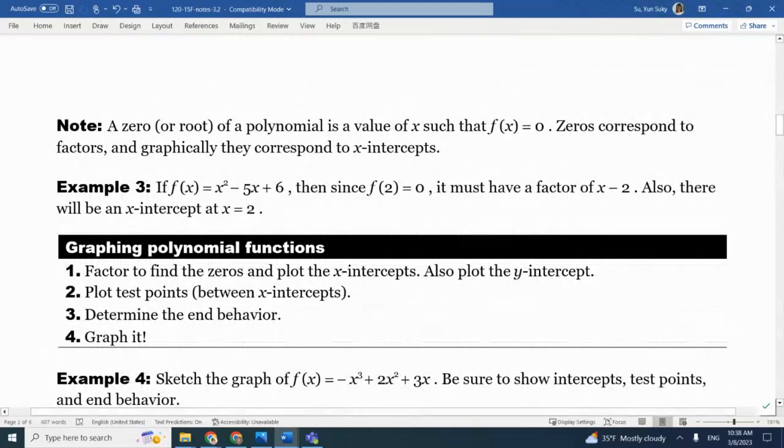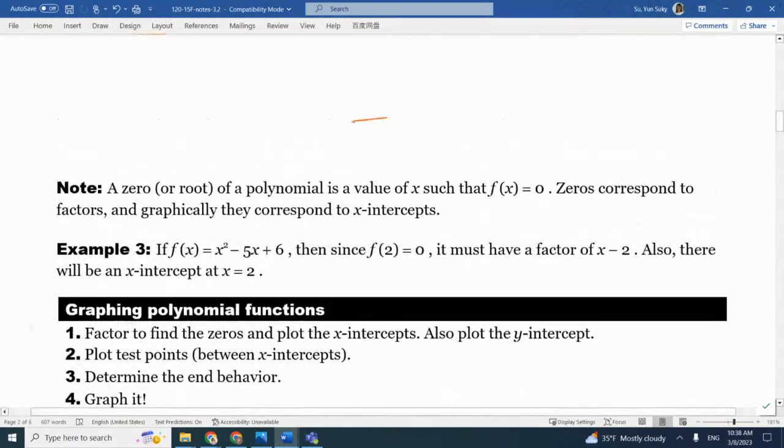A zero or root of a polynomial is a value of x such that f of x equals 0. The zero corresponds to a factor, and graphically they correspond to the x-intercept.